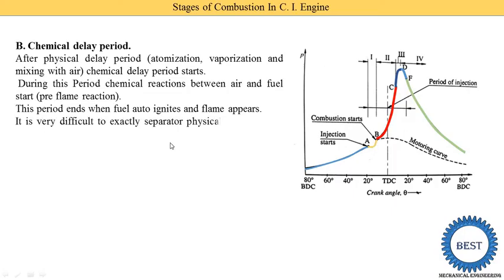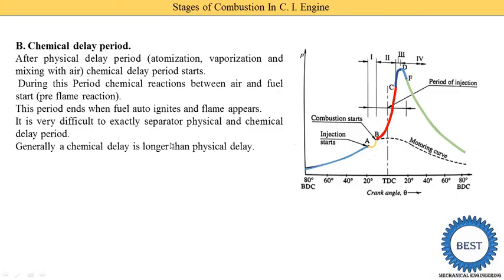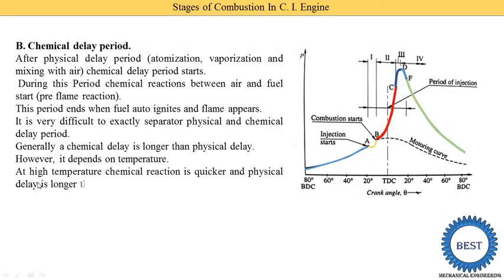It is very difficult to exactly separate the physical delay and chemical delay periods. Generally, chemical delay is longer than the physical delay. However, it depends on the temperature inside the engine. At high temperature, chemical reactions are quicker and physical delay is longer than the chemical delay.